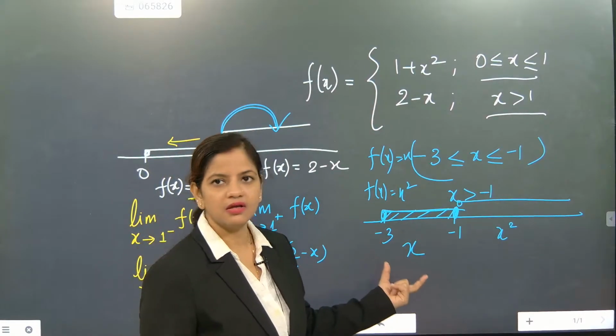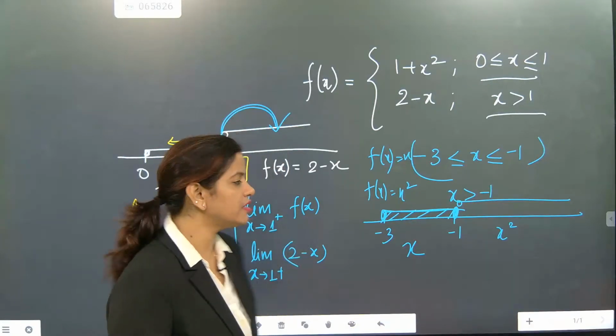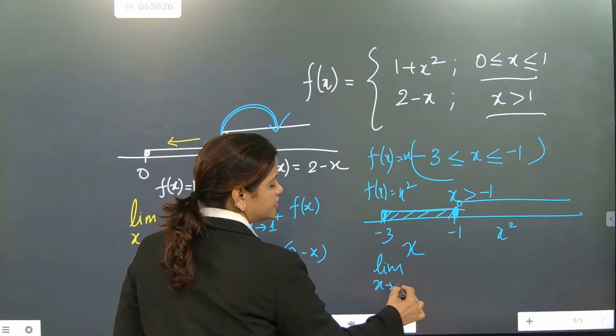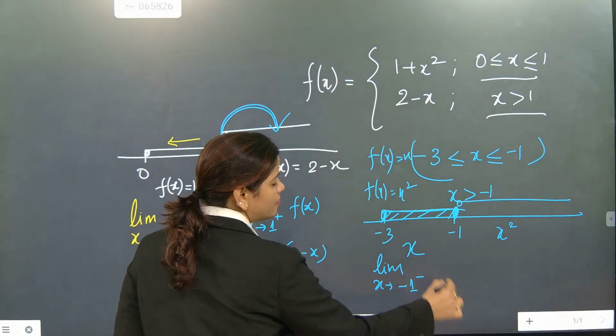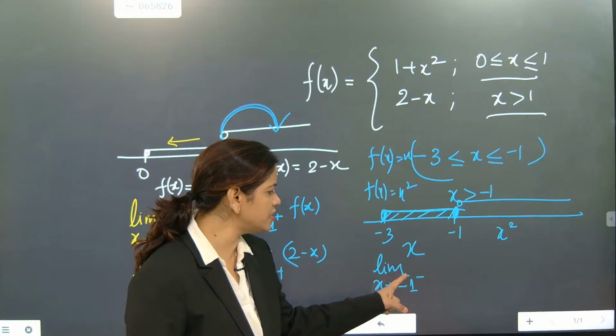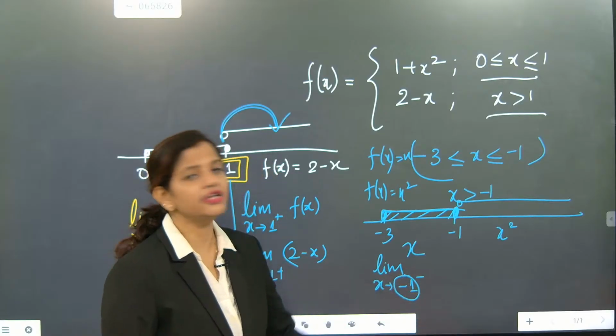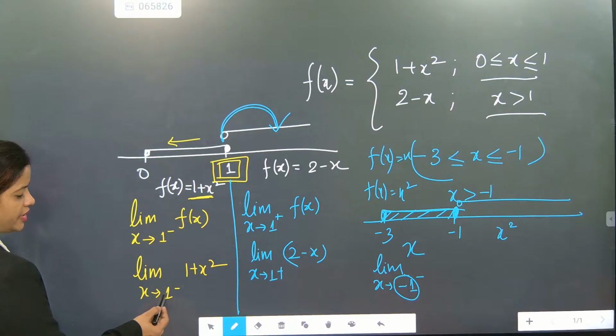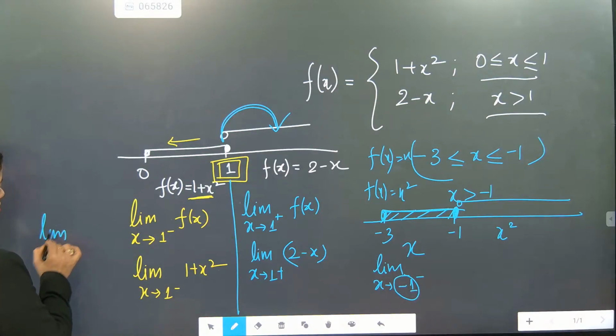So for LHL you can write limit x tends to minus 1 to the power minus. Understood? Because minus 1 is your limit. And then to the power, minus cannot be written here. In limits, we can't write like this.